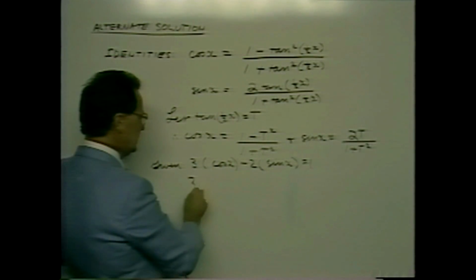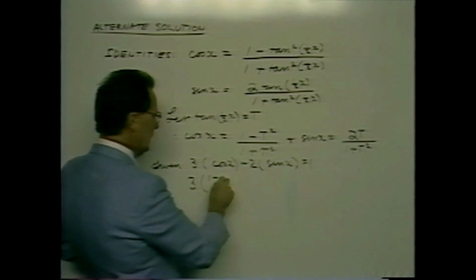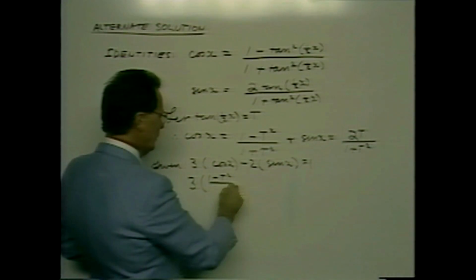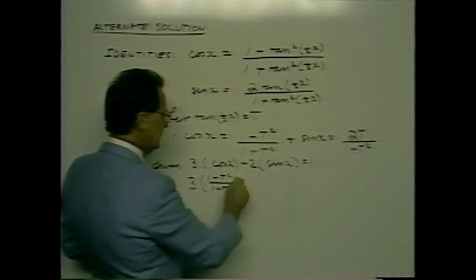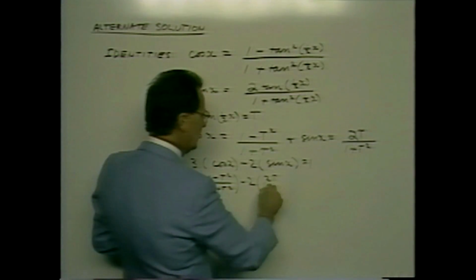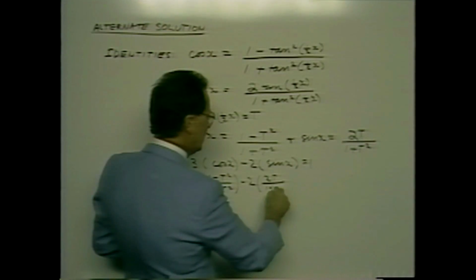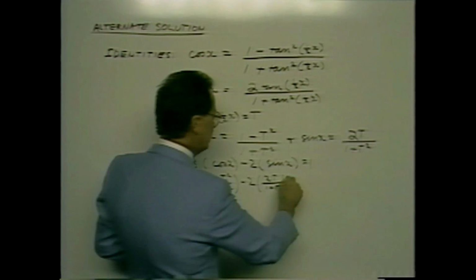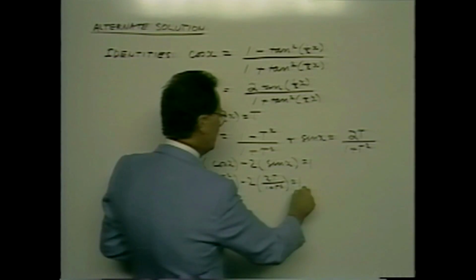So this is 3 bracket 1 minus t squared over 1 plus t squared minus 2 bracket 2t over 1 plus t squared, and that is equal to 1.